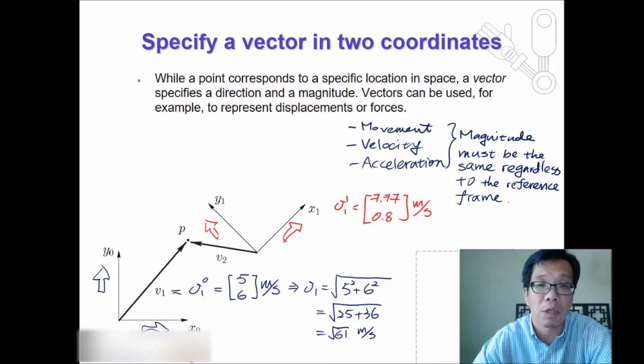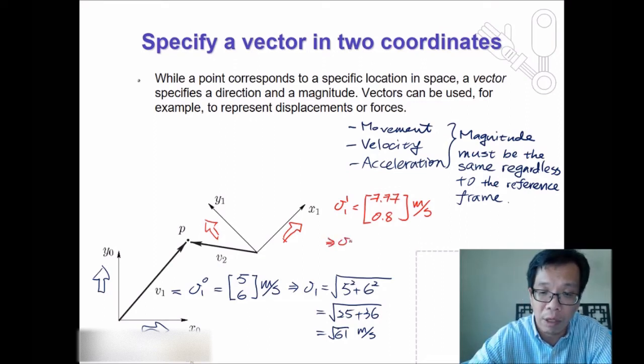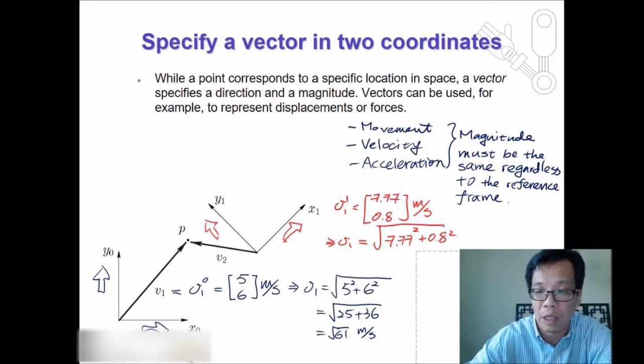However, since we're talking about velocity, the magnitude of the velocity must be identical to the number you measure from the other frame. It means that v1 should be 7.77 squared plus 0.8 squared, and take the square root of this one. It must be the same number.